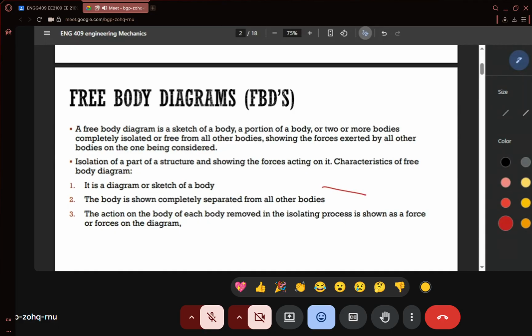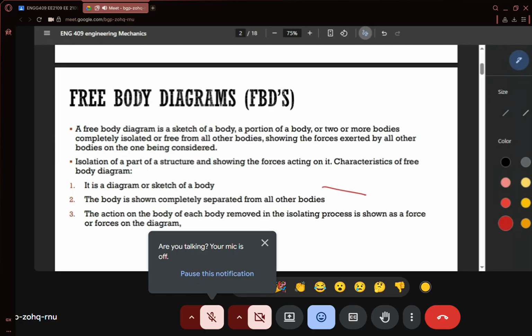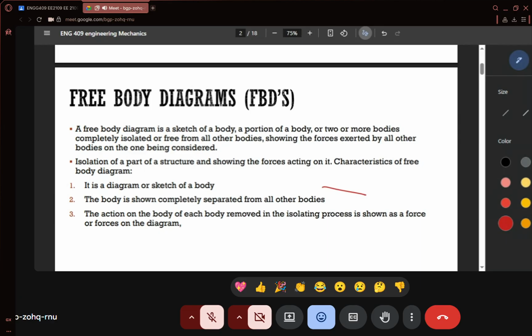So the other bodies that are attached or applying a force on the body being considered will not be included, but they will be represented by their forces acting on our subject body, or focused body.